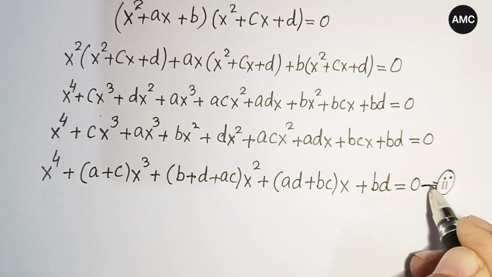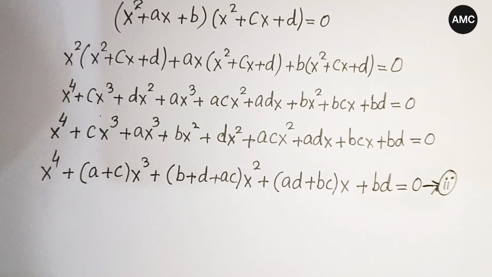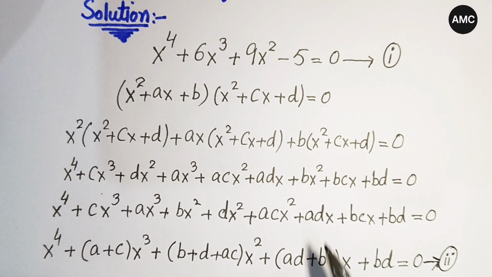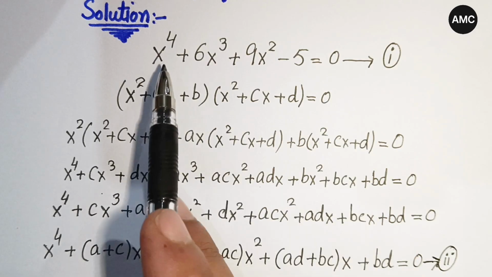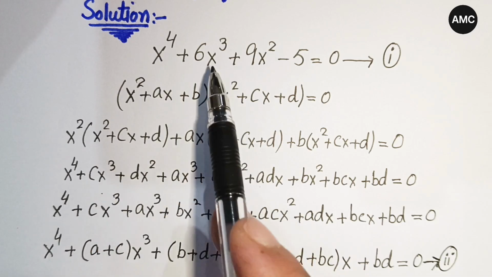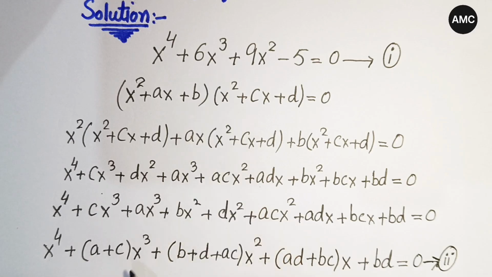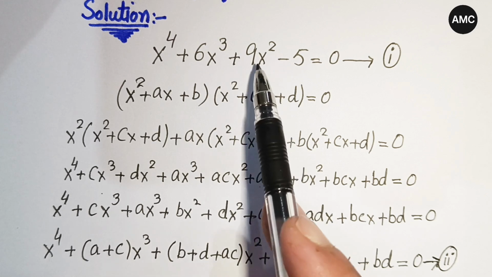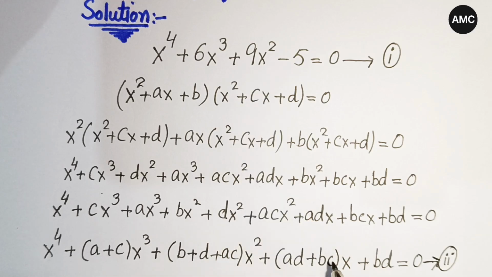If we compare this equation to our equation 1, the right hand side is actually 0. Here we have x to the power 4, it is also x to the power 4, and x cubed, here x cubed and 6 is equal to a plus c. So we are going to compare the coefficients. Then b plus d plus a times c is equal to 9, a times d plus bc is equal to 0, and b times d is equal to minus 5.